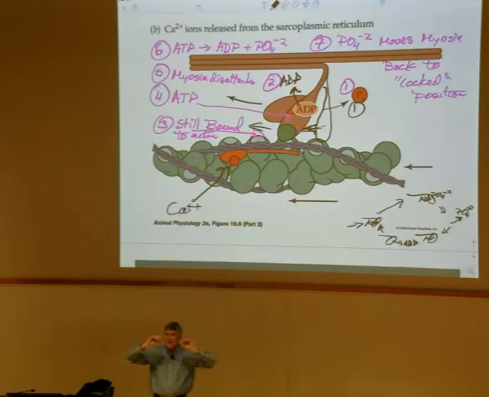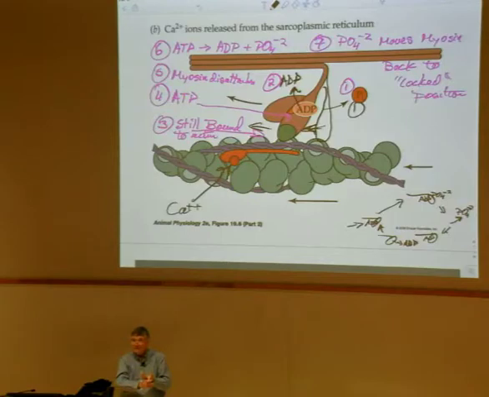So channels let it into the cytoplasm. If you open a channel, all you have to do is wait for a calcium that's bouncing around out here to hit it and go through. So opening a channel is fast. A pump, getting it back out of the cytoplasm, you got to wait for calcium to bind. You got to wait for an ATP. You got to wait for the ATP to be cleaved. You got to wait for the protein to change shape.